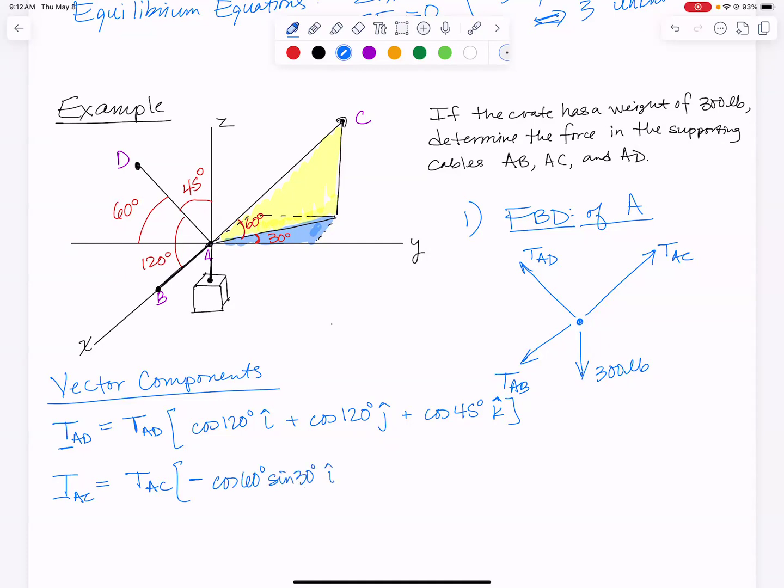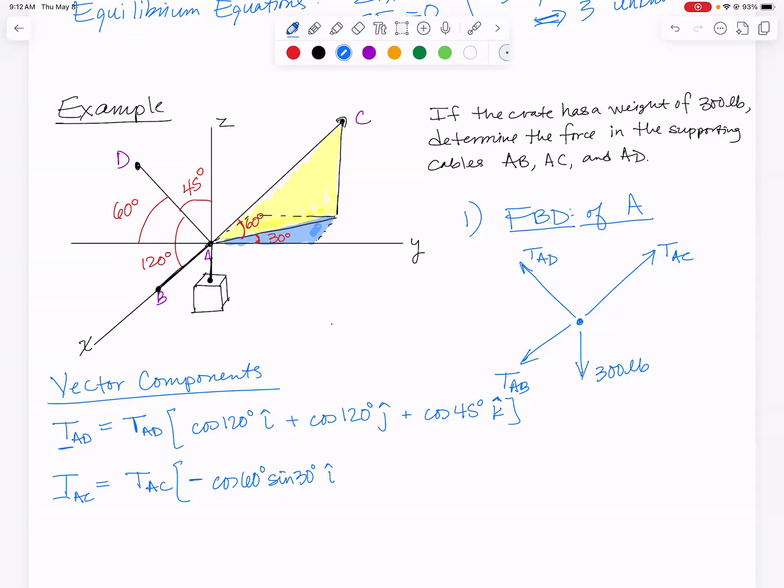If you need to do the extra step, first break the tension in AC into a Z and a horizontal component, then use that horizontal component as your hypotenuse. That's where the cosine 60 comes from. Then use the sine of 30. So we're adjacent to 60 to get my hypotenuse, and then opposite 30. Adjacent means cosine, opposite means sine.